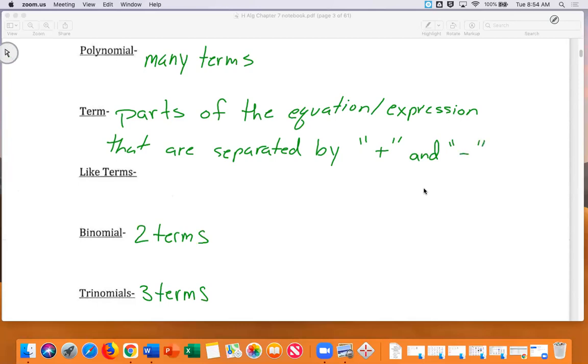Whenever you see a plus or a minus, it divides up your equation or expression into its parts.